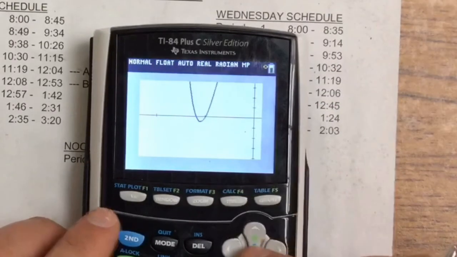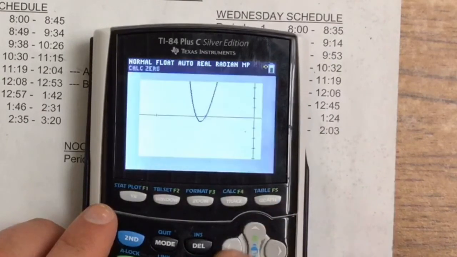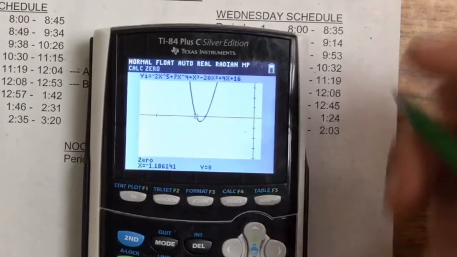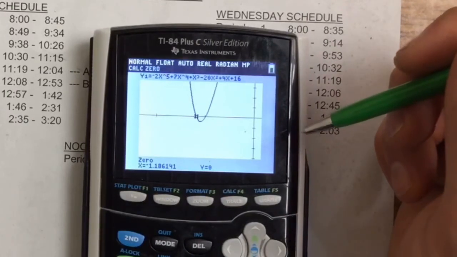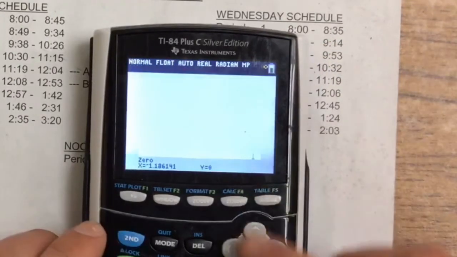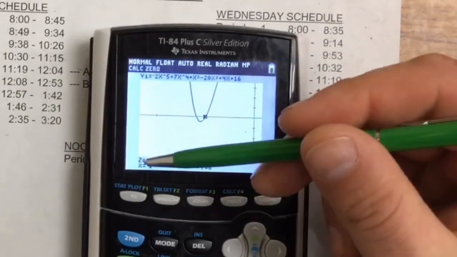So we can do second trace, 0, be left of this one, be right of this one, and I think the 0 is about right there. And write that down, negative 1.186, negative 1.19 is one of the zeros. And second trace, 0. I am left of it if I'm there, I am right of it if I'm there, and I'm guessing there. And it's also at negative 1, 0.